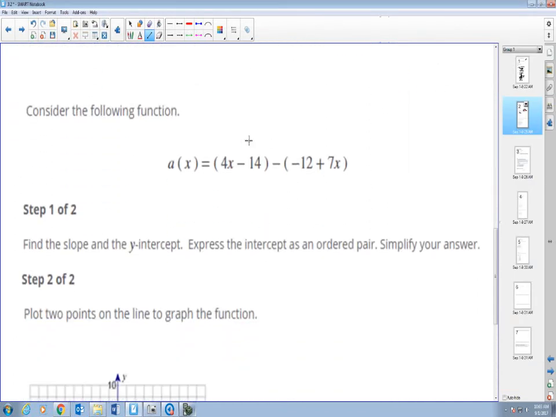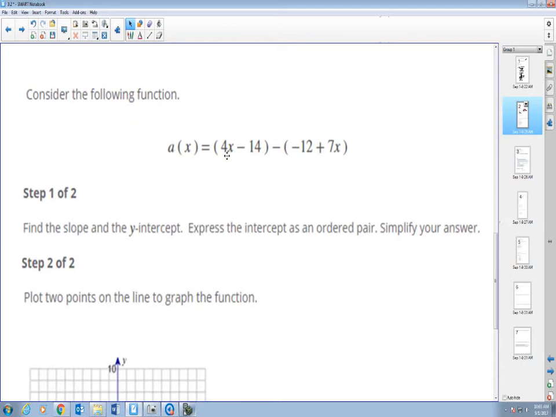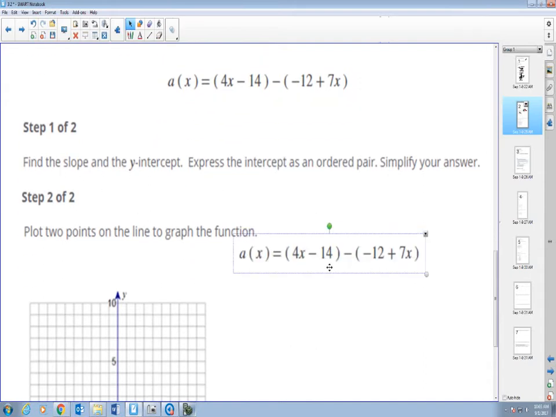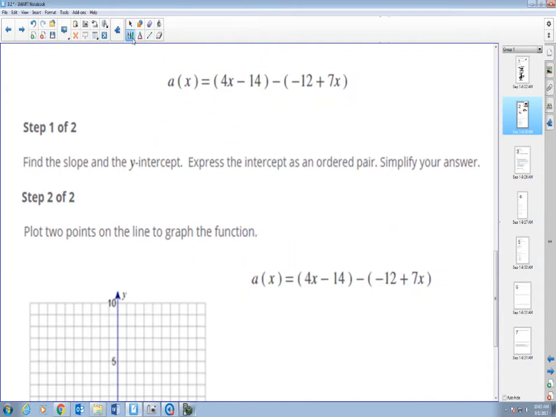Alright. This is another linear function. It's just not quite written exactly as y equals mx plus b. So we're going to simplify this real quick, so I can see what my slope and my y-intercept are. Alright, I see they've got 2 terms. My negative 1 will do a distribution.